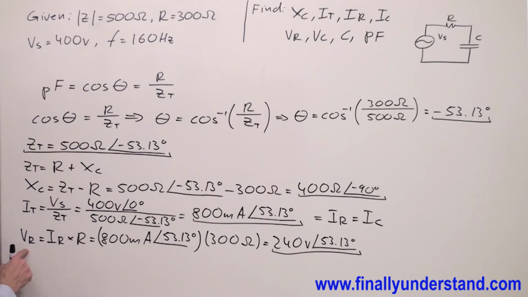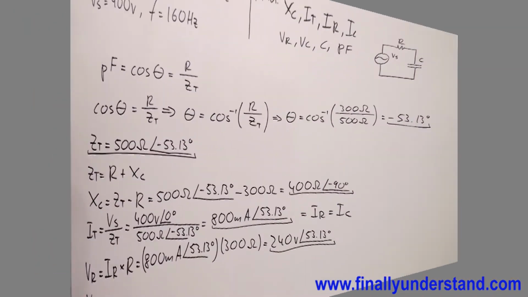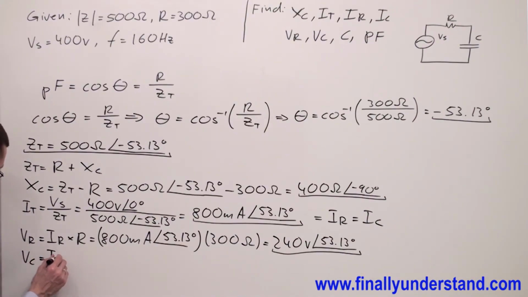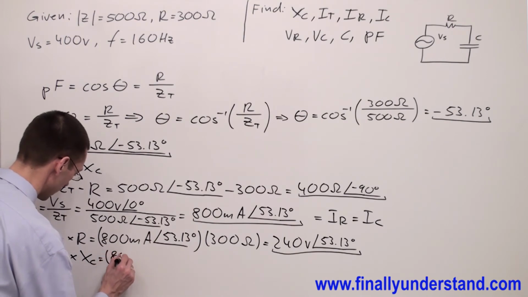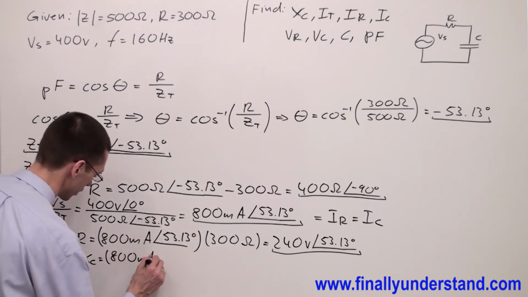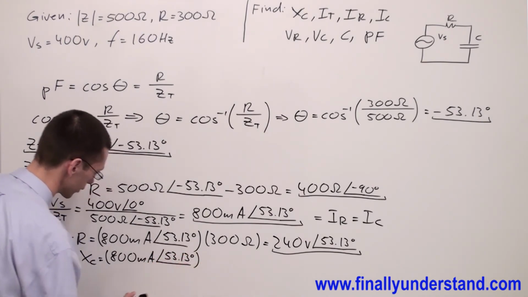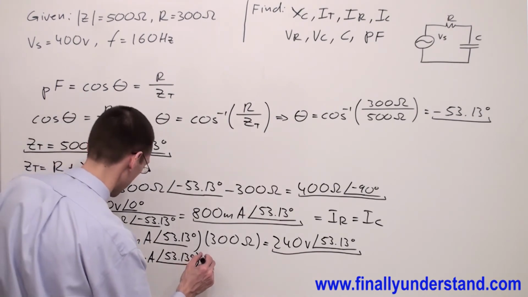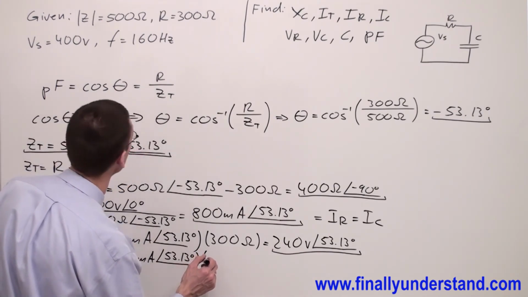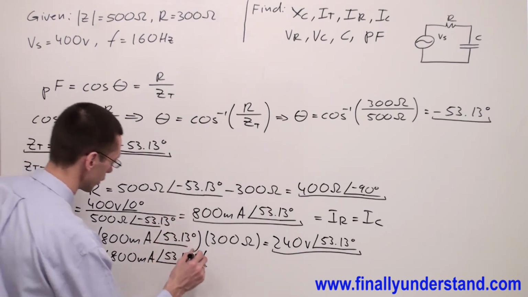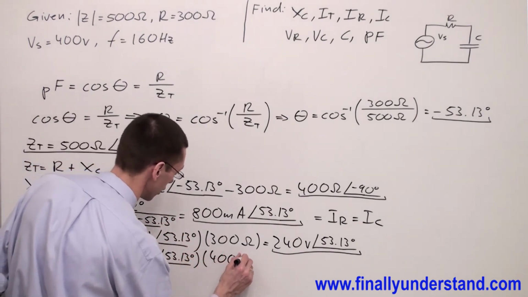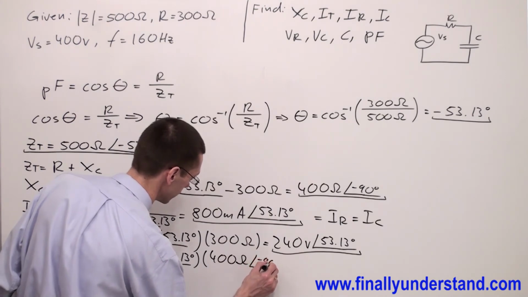So next, we're supposed to find the voltage across the capacitor, VC, which is equal to current IC times XC, which is equal to 800 milliamps and angle of 53.13 degrees, times XC, which we found is equal to 400 ohms and angle of negative 90 degrees.